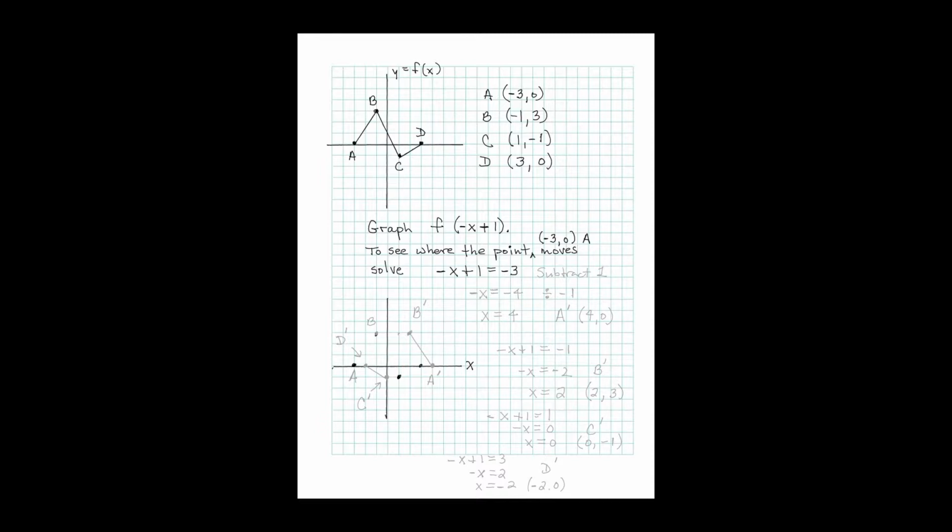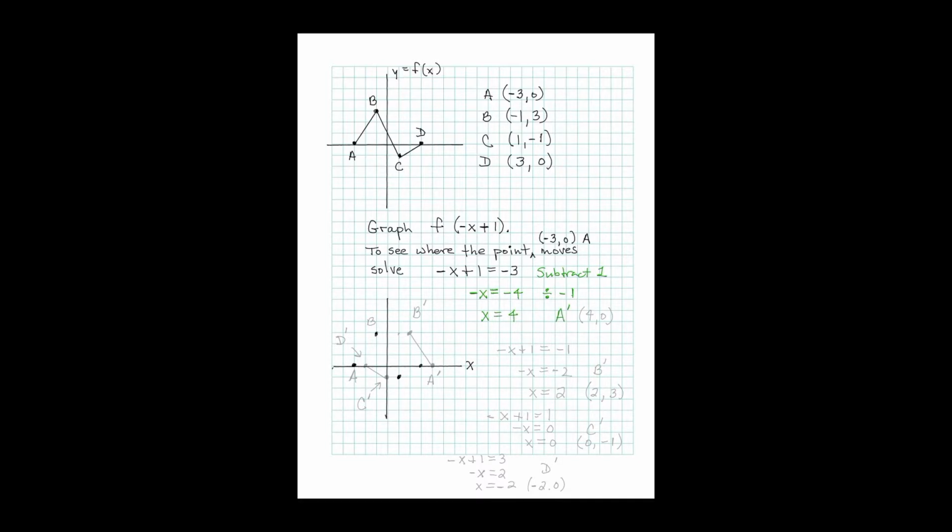So I'm going to subtract 1 from both sides, and that gives me negative x equals -4. And then I'm going to divide both sides by -1, and that gives me x equals +4.